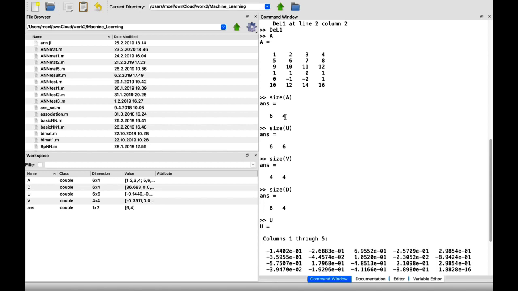So if all 4 columns are linearly independent, then the rank of this matrix will be 4.